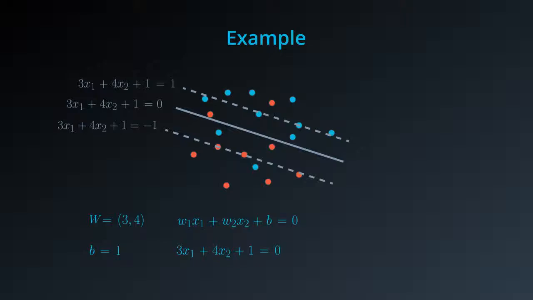So now the error is the norm of w squared, which is 3 squared plus 4 squared, which gives us an error of 25. And the margin is 2 divided by the norm of w, and the norm of w is the square root of 25, which is 5. So the margin is 2 over 5, and the error is 25. Let's remember these two numbers, error 25 and margin 2 over 5.